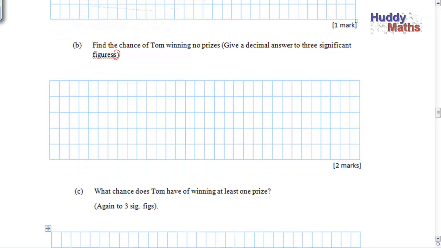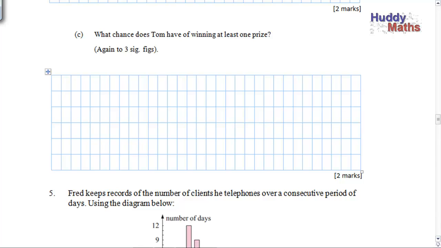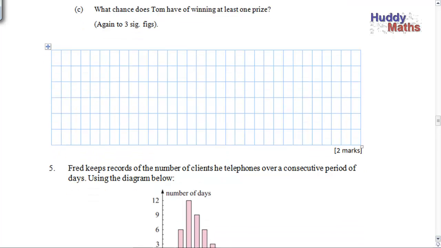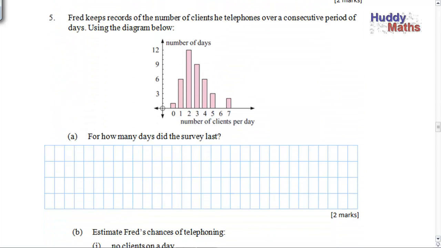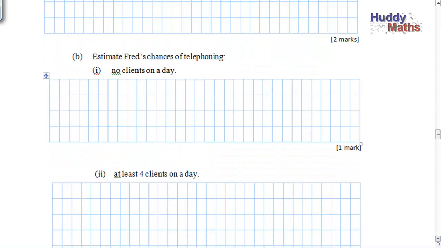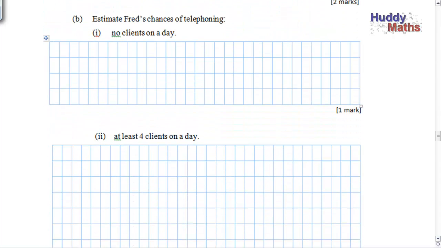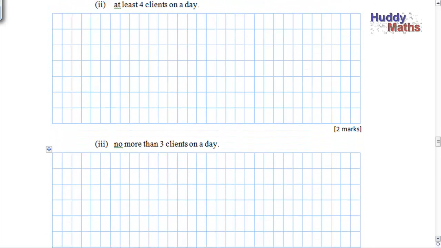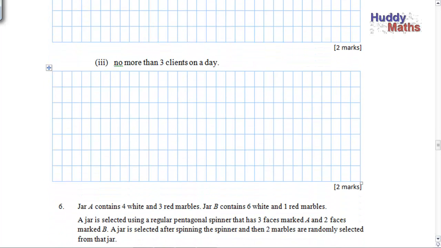So we'll look at part C. And question 5, part A, reading from a statistical chart there. Part B, put up B and C. Will be part 1 and 2, part 3 now.